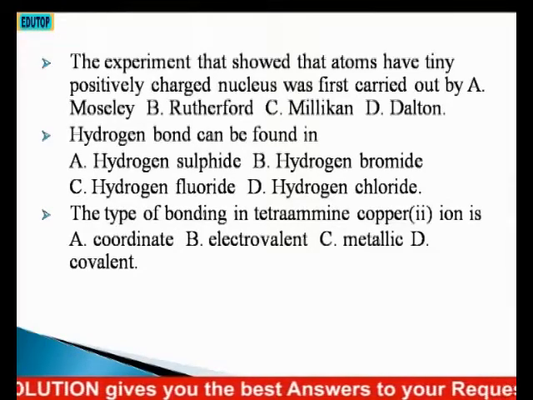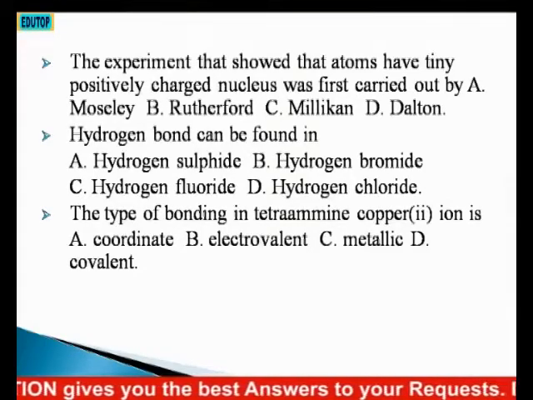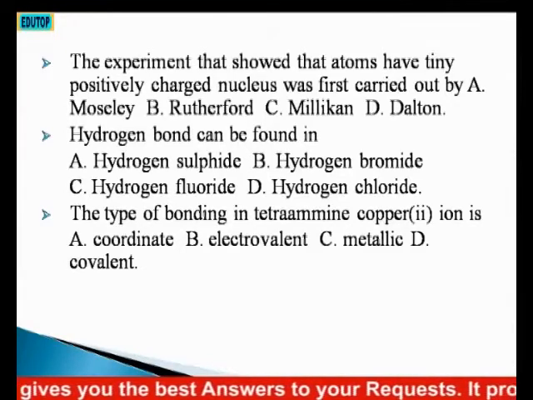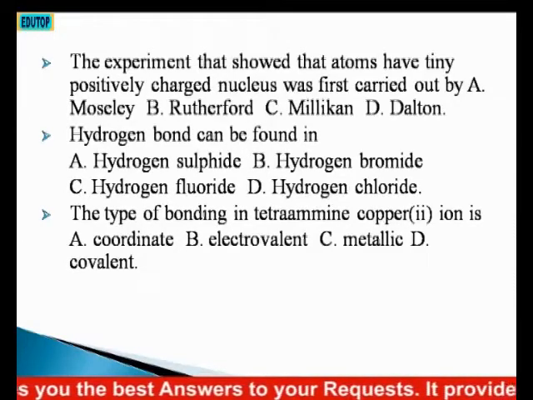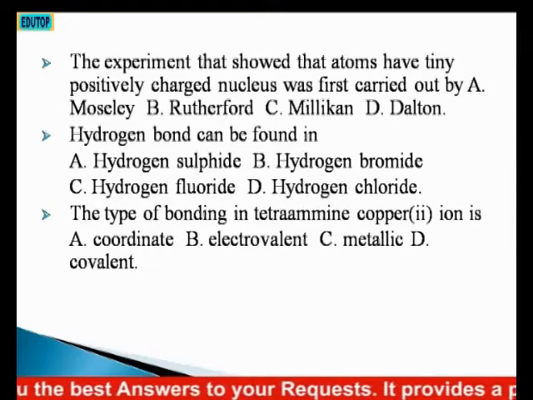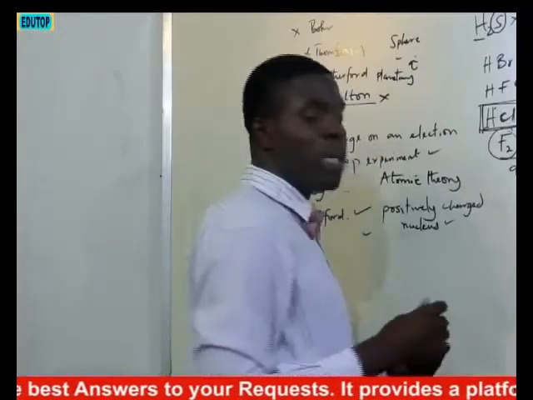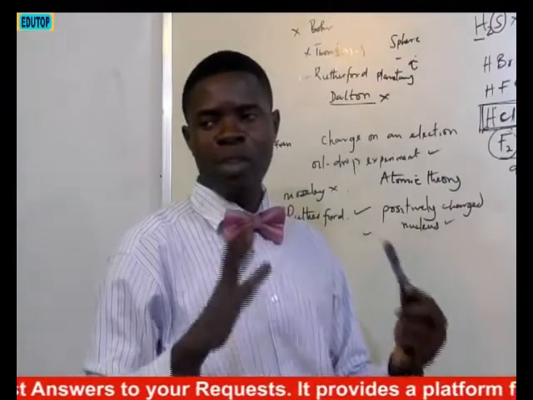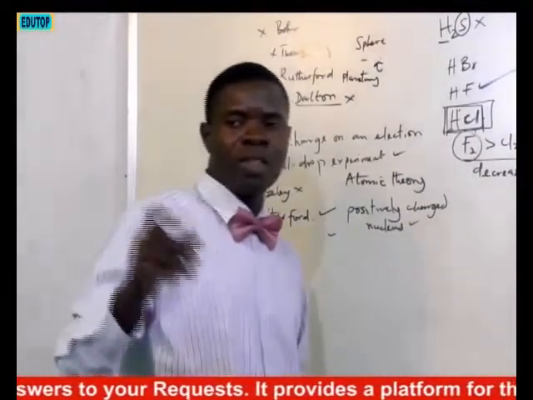Question 5. The type of bonding in tetraamine copper 2 ion is. Sometimes the compound might just be given to you directly.